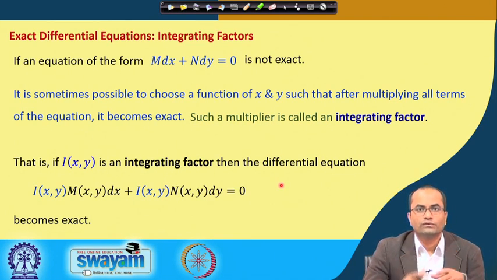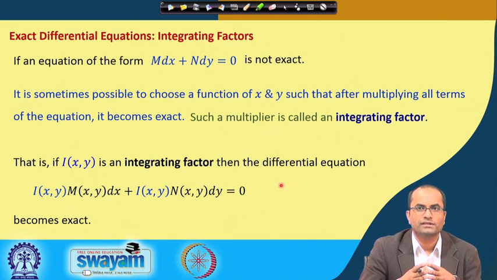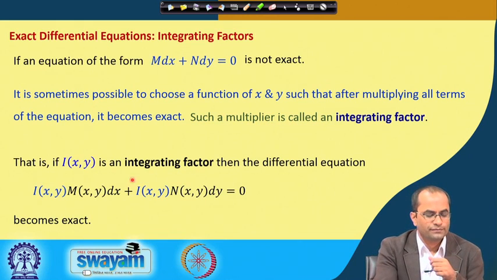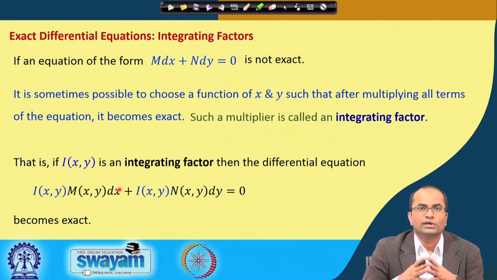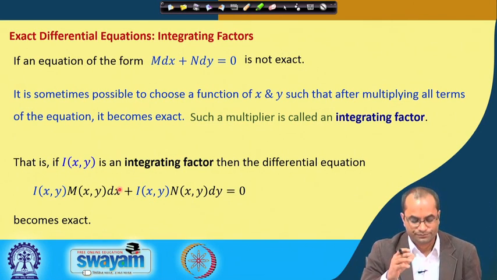So we will find the integrating factor, and once we multiply it to the given differential equation, the equation becomes exact, and then we know how to solve the exact differential equation: we need to find the function f whose differential is the left hand side. The main topic of this lecture is some techniques for finding the integrating factor when a given differential equation is not exact.